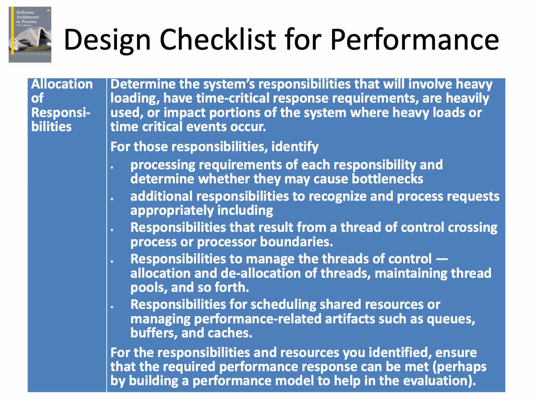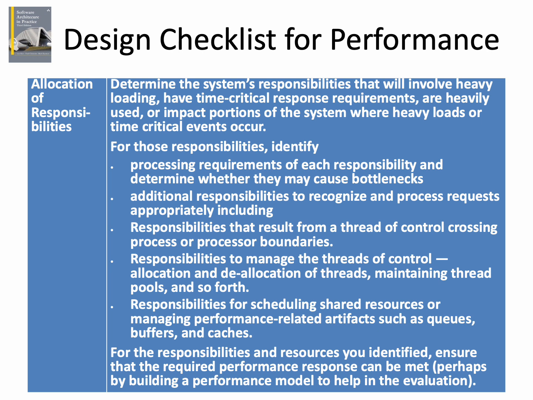So let's look into design checklists for performance, starting with allocation of responsibilities. Determine the system's responsibilities that will involve heavy loading, have time-critical response requirements, are heavily used, or impact portions of the system where heavy loads or time-critical events occur. For those responsibilities, identify processing requirements of each responsibility and determine whether they may cause bottlenecks.